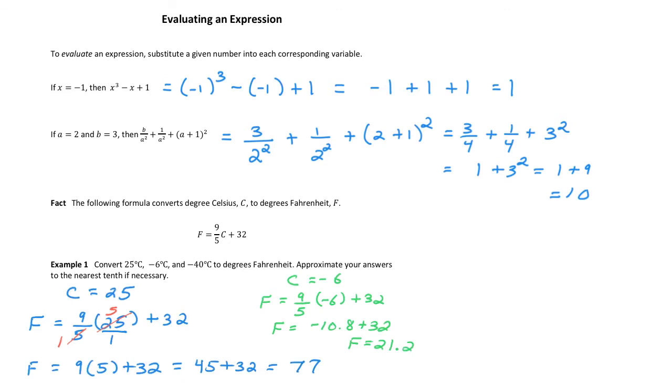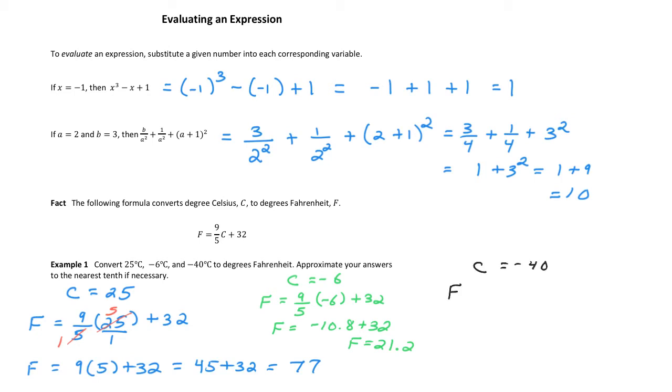So far what we have figured out is 25 degrees Celsius is the same thing as 77 degrees Fahrenheit, and negative 6 degrees Celsius is the same thing as 21.2 degrees Fahrenheit. And I have one last one here, so that is negative 40, so figure that one out as well. Let's see. C is equal to negative 40.